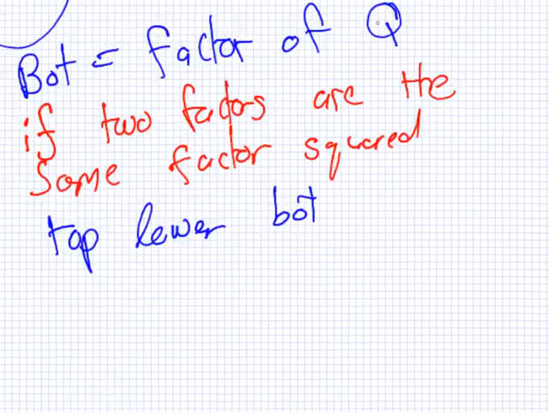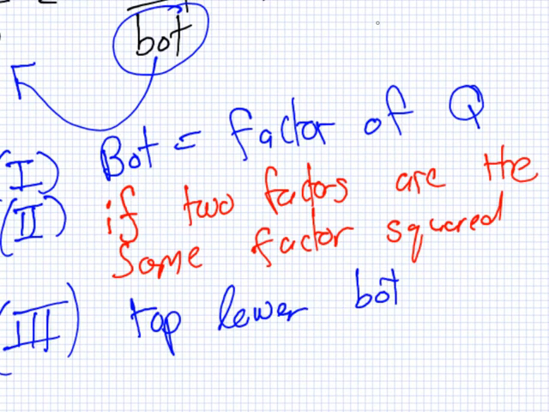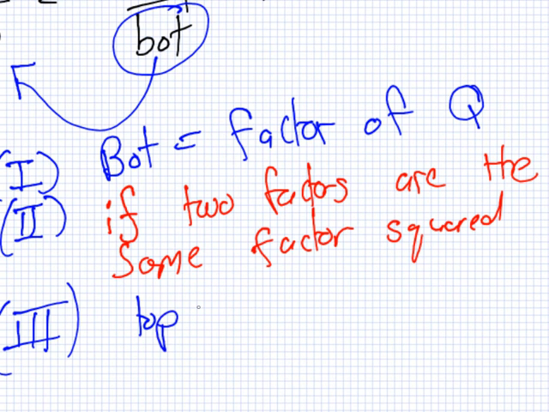I could even be more specific. I could even say the top should be the bottom less one order. So what I mean by that is a linear on the bottom means a constant on the top. A quadratic has one stage difference.